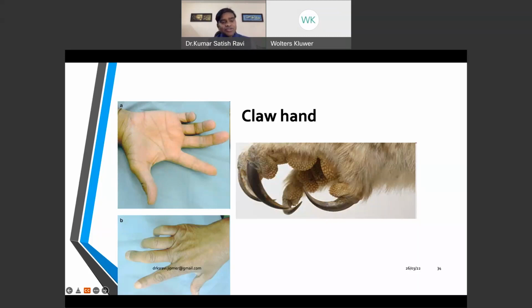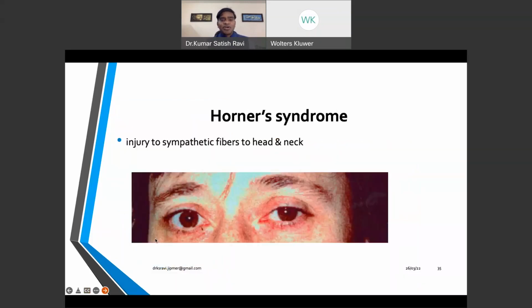Then coming to the Horner's syndrome, if you see over here, there may be injury to the sympathetic fibers to the head and neck that will lead to the Horner's syndrome. When you see this Horner's syndrome, in this condition the eyelid of the patient, you see the left eye droops.